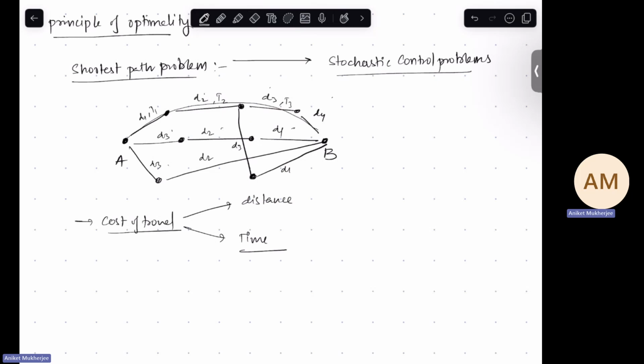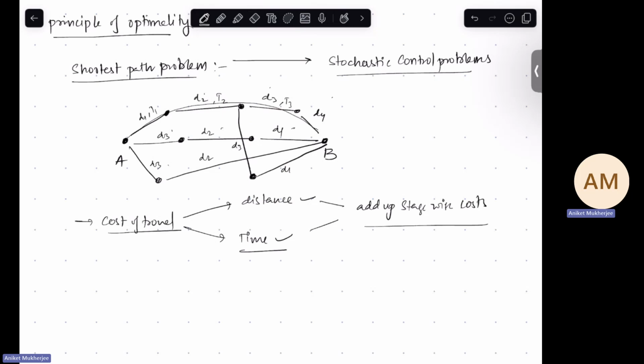So the cost function that you're trying to minimize in the shortest path problem, either distance or time, is basically adding up your stage-wise costs.